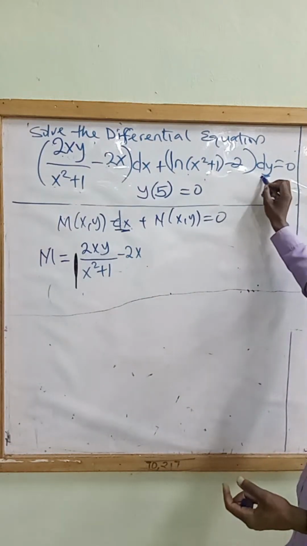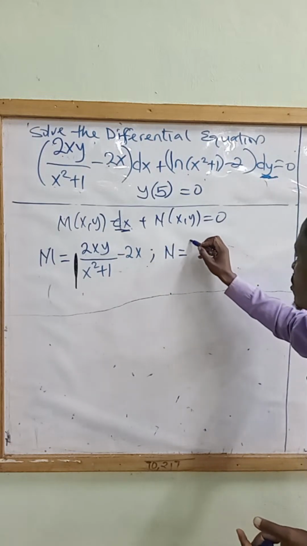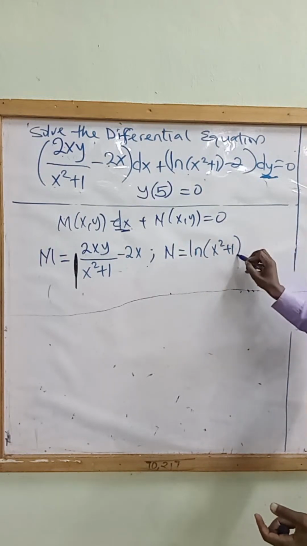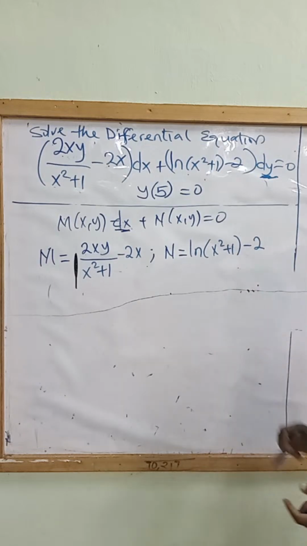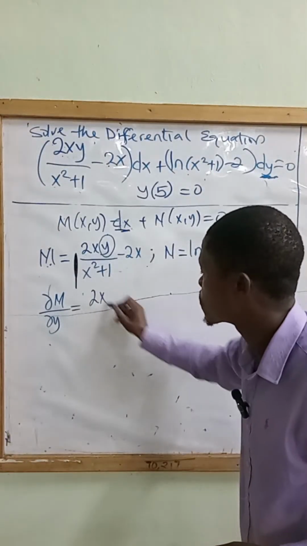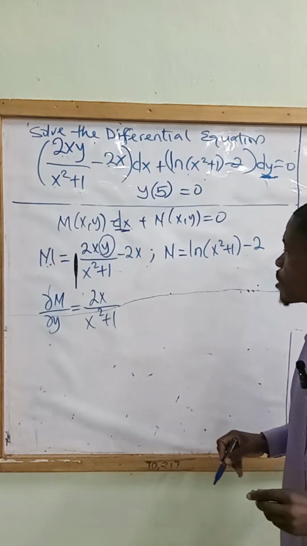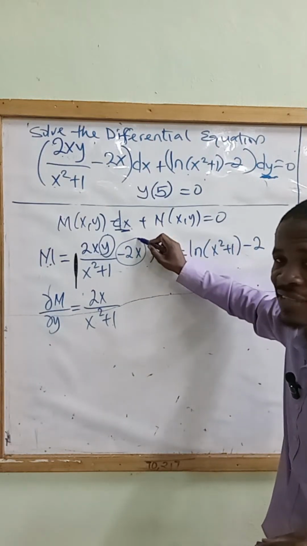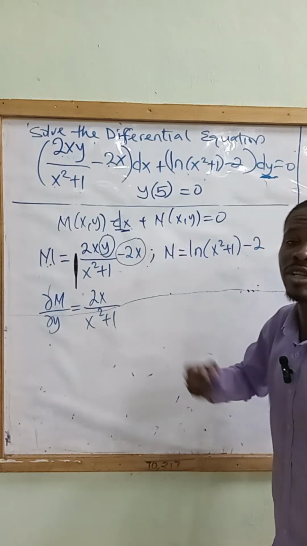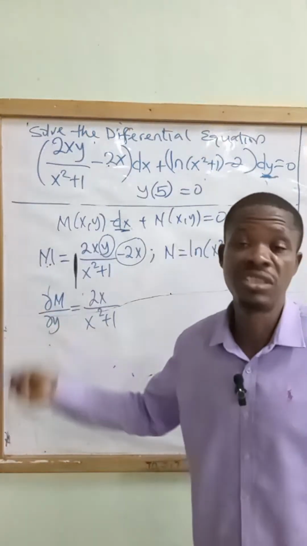The attachment to the y is the N. My N is natural logarithm of x squared plus 1 minus 2y. Differentiating M with respect to y gives 1, so I'm having 2x over x squared plus 1. And this minus 2x, there's no y there, so that will become 0. It's as if you are differentiating an integer.